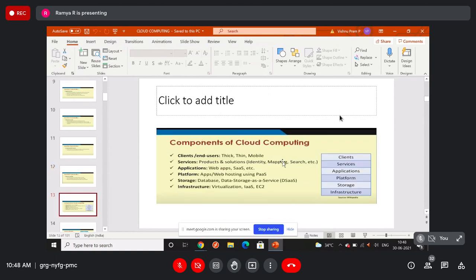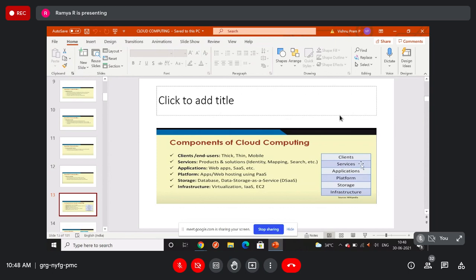Next, we have six components in cloud computing. The components are clients, services, applications, platform, storage, and infrastructure. Each and everything is related. Clients are going to get the services, and the services are provided by the applications, which serve the clients.